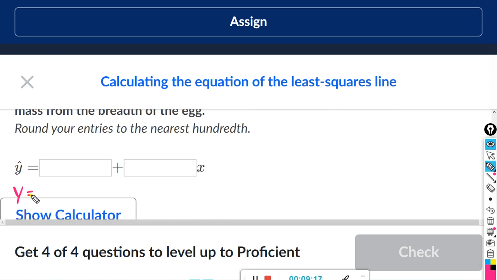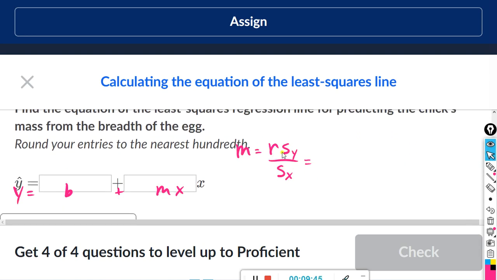It's in the form of y equals b plus mx. m is the number multiplied by x. That's the slope. We said the formula a minute ago was correlation coefficient r times sy divided by sx. Please write this formula down.